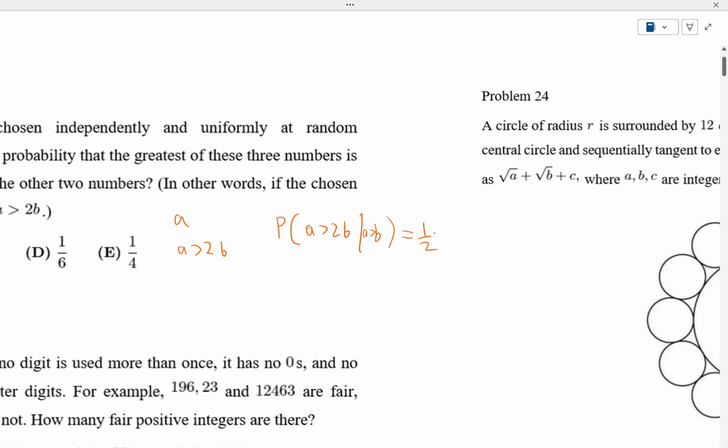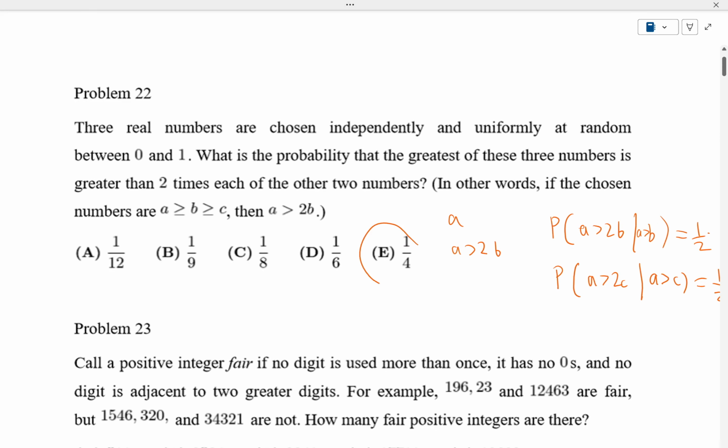Because for example, if a is 0.8, then b must be between 0 and 0.8, given that a is greater than b, and the probability that a is greater than 2b is just 1/2. And the probability that a is greater than 2c, given that a is greater than c, is also 1/2. And you can just multiply these together to get 1/4.